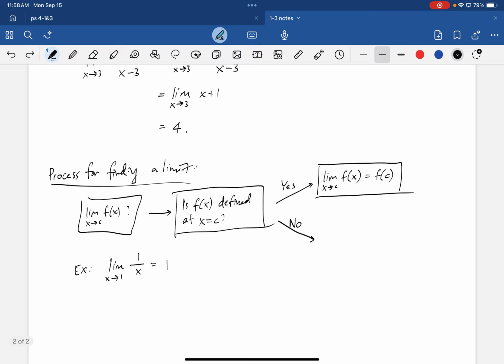So if the answer is no, we are going to go over 3 different methods of evaluating limits today. The first is the one that we've already seen, which is factoring and then canceling. The second one is rationalizing the numerator.